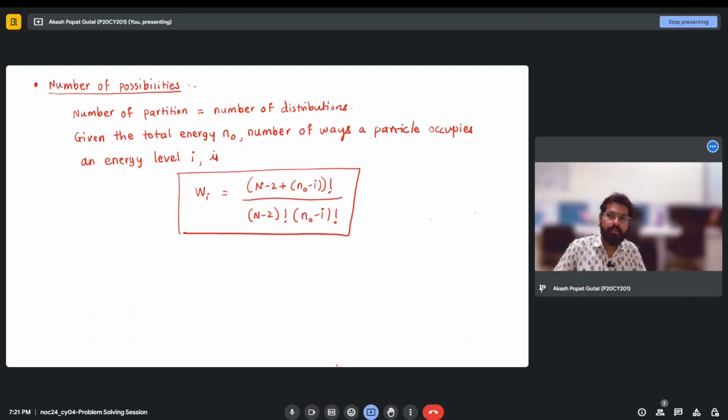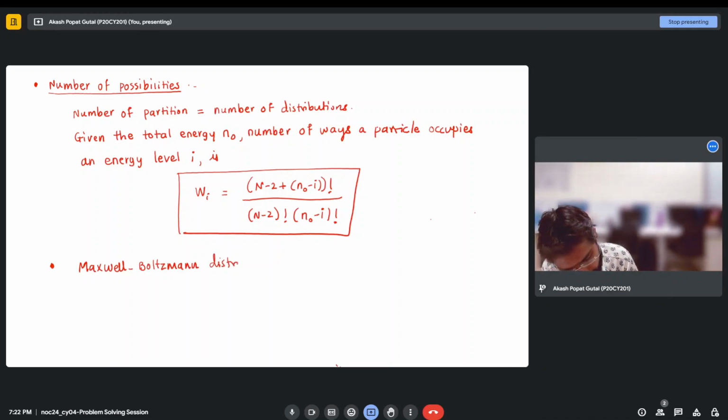And the last part that we have discussed is the Maxwell-Boltzmann distribution, which says that the number of particles in the ith level divided by the total number of particles is equal to A into e raised to minus b epsilon i, where epsilon i is the energy of the ith level.